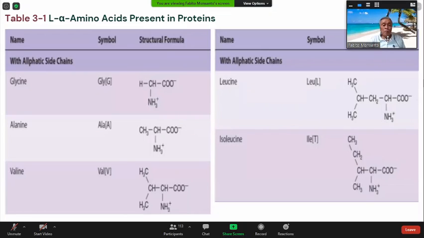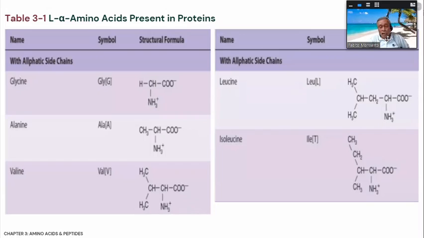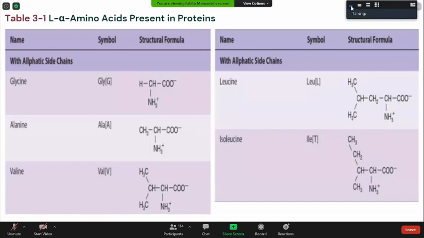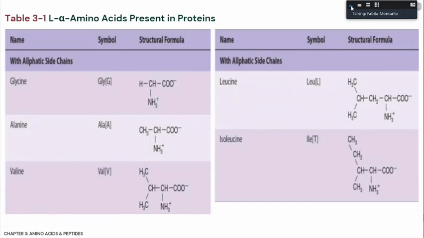Your glycine has a symbol. You have a single letter abbreviation or a 3-letter abbreviation. The 3-letter abbreviation for glycine is GLY, and the single letter is represented by G.